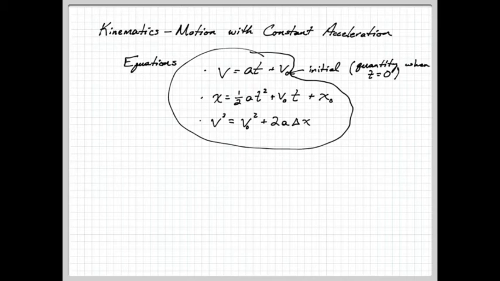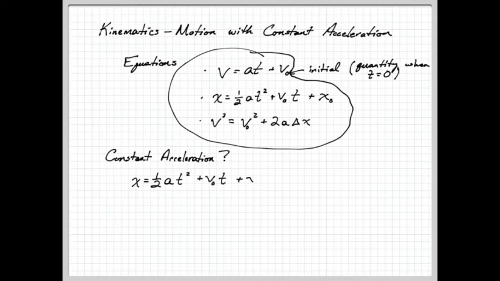All right, now let's address this idea of when we say constant acceleration, how do these three equations mean constant acceleration? Well, if we start with position, this kinematic equation, 1/2 a t squared plus v initial t plus the initial position, how do we find the velocity? Well, velocity, remember, is the time derivative of position.